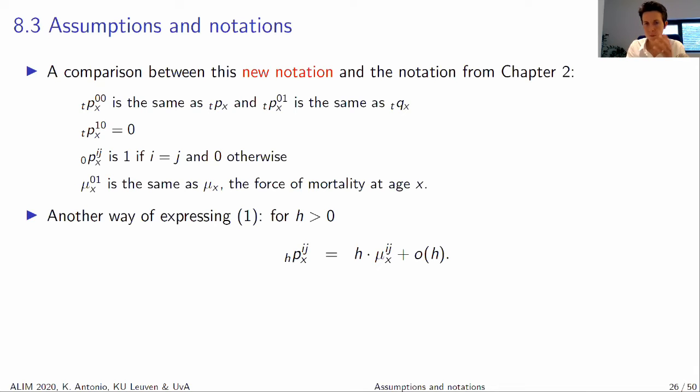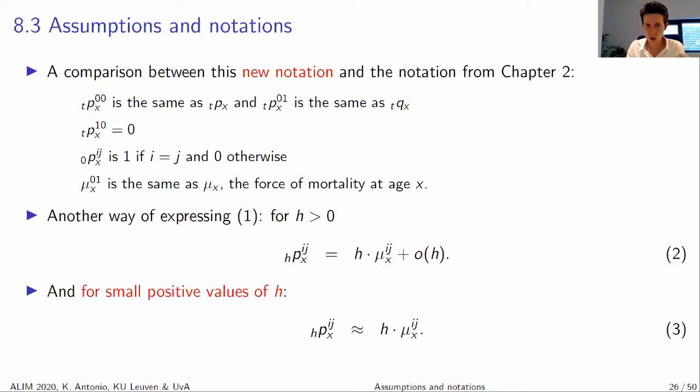Same definition, but this brings us some intuition, namely that for very small and positive values of h, we could say that this probability to make the transition from i to j in a length of time equal to h is approximately equal to h multiplied with the transition intensity. So that's some intuition that we can gain from this expression.